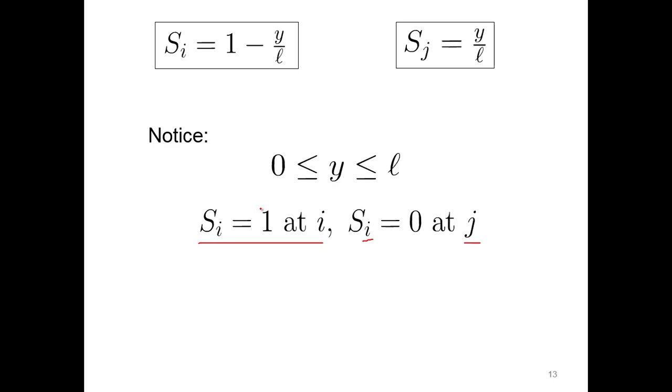So we get the shape function 1 at its own node, and that same shape function is 0 at the other node. Likewise, the shape function for node j is 0 at node i, but 1 at node j. Notice those differences. When it's at its own node, it's 1. When it's at another node, it's 0. This is a key property of our shape functions.